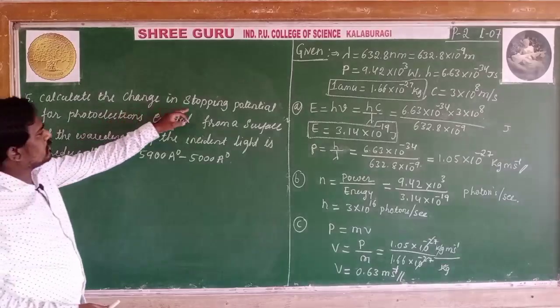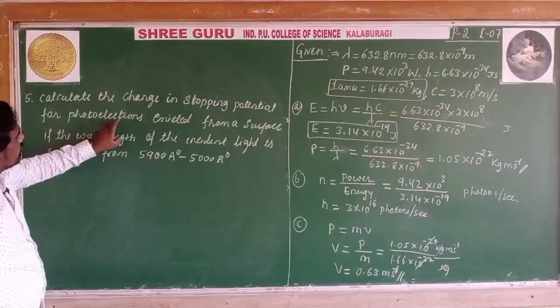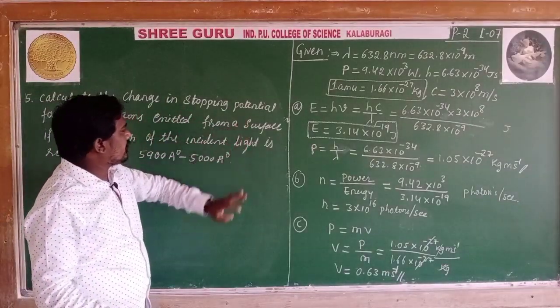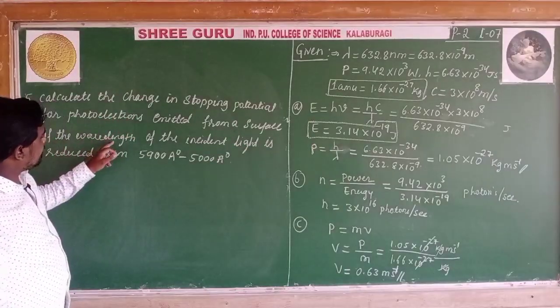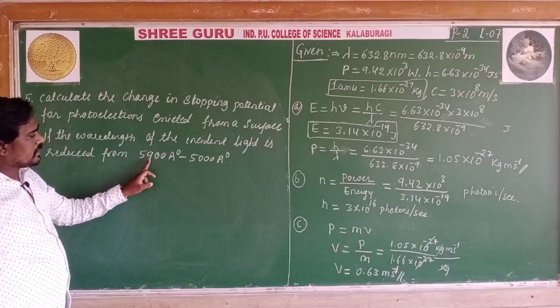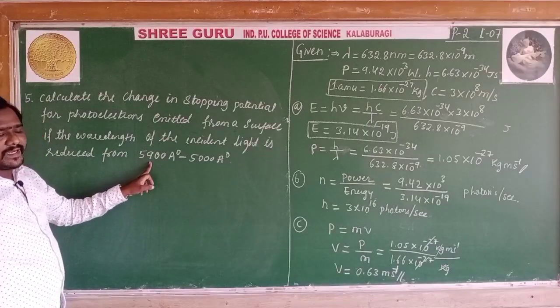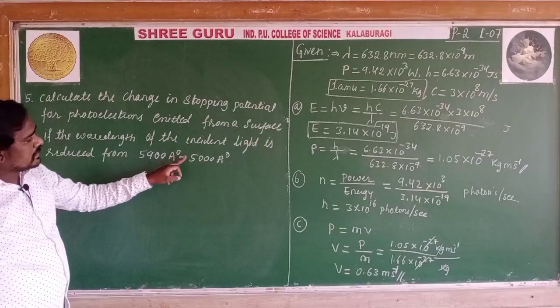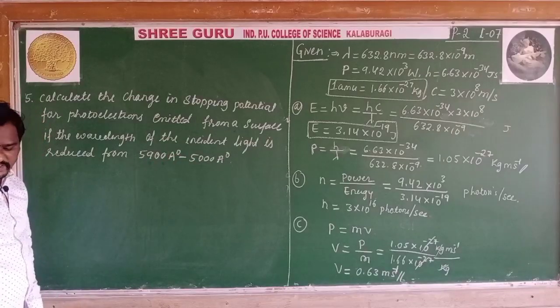Calculate the change in stopping potential for photoelectrons emitted from a surface if the wavelength of the incident light is reduced from, initially, 5,900 to 5,000 angstrom.